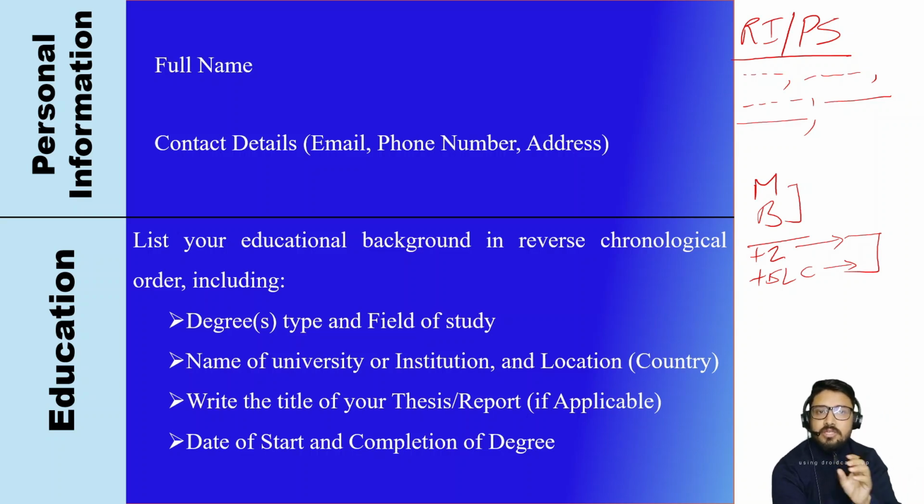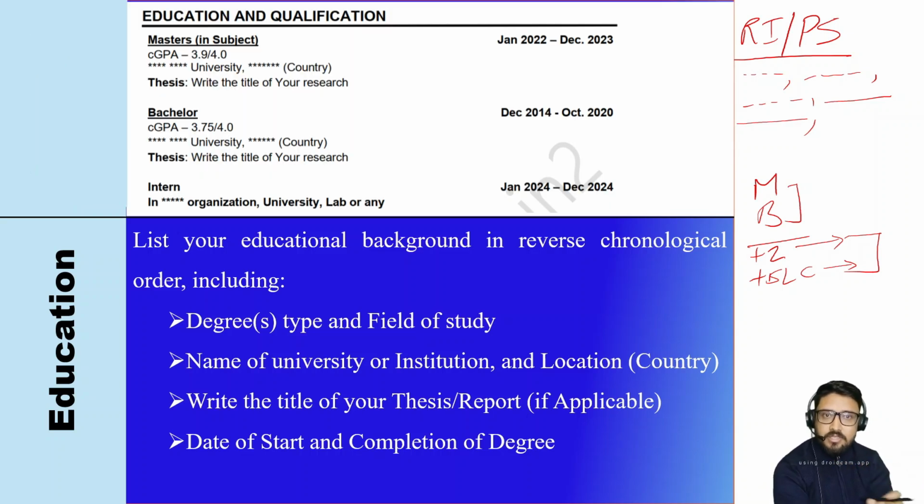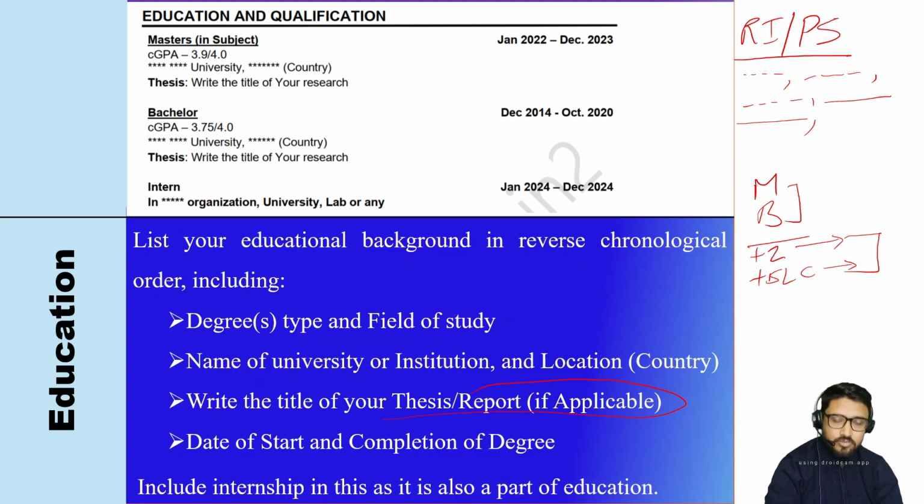We need to include degree type and field of study, name of the university or institution and location, date of start and completion of the degree, and mention your thesis title and name of your advisor if applicable. Okay, this is only if applicable. And at the last, you can include the internship after the education, because it is also part of education.